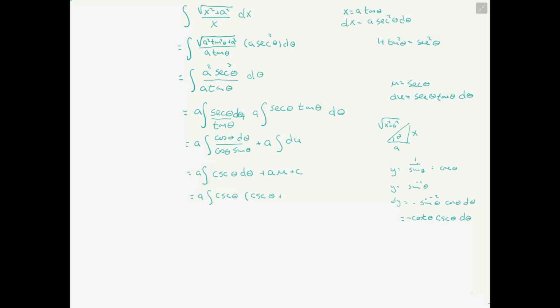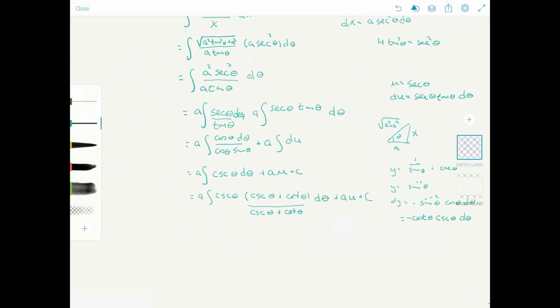So we have cosecant theta plus cotangent theta in the numerator and denominator, so it's essentially multiplying by 1. Unfortunately, we didn't do the full solution of this problem. We left it at this stage.